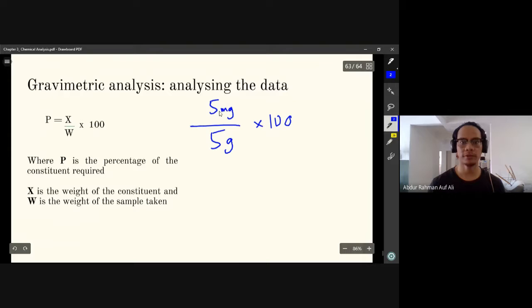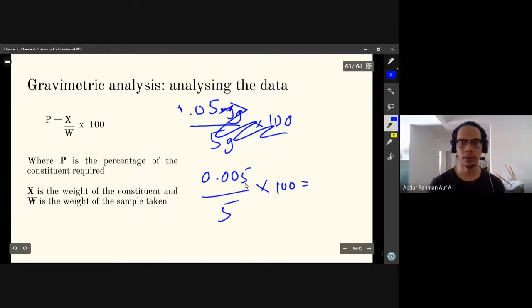And still you have to convert this to grams. So 0.005 divided by 5 darab dengan 100, dapatlah 0.1%.